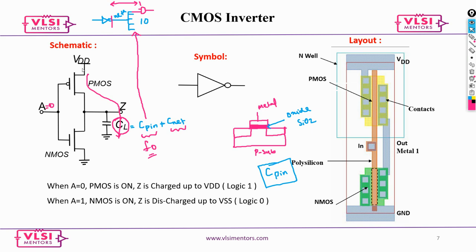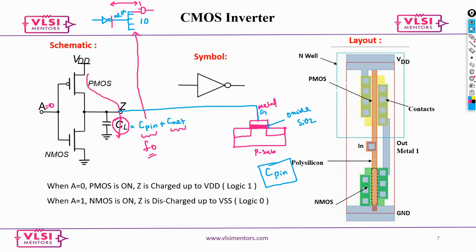Now ideally, when you give 0, assuming this Z is connecting to this metal gate, what does this mean?